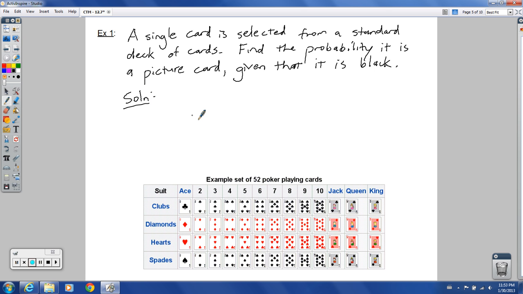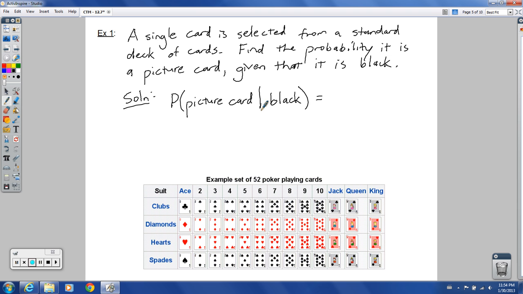So here is how we'll solve this one. A way we can write this is probability P of picture card, then I can say given, black.